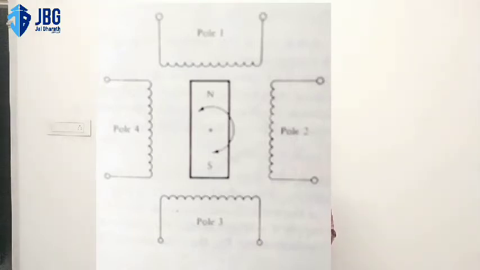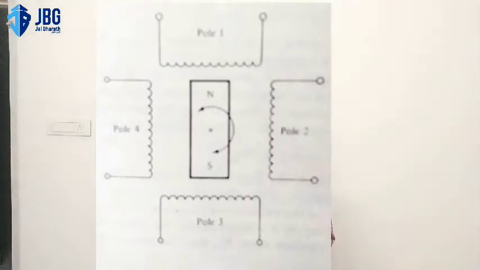We all know that opposite poles attract each other. If the permanent magnet pole is north and the winding pole is south, it will get attracted. As in the figure you can see that the north pole is attracted towards P1 and the south pole is attracted towards pole 3.